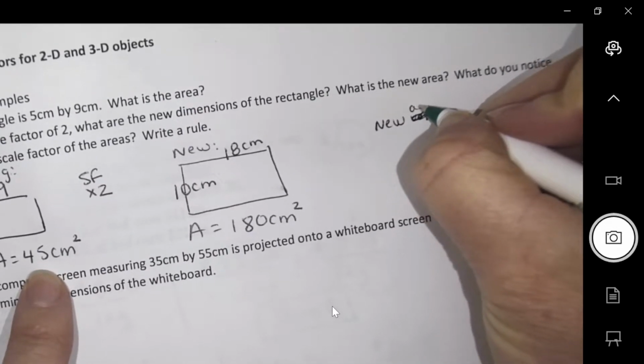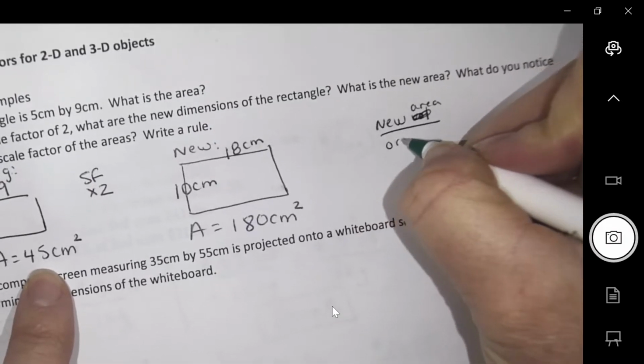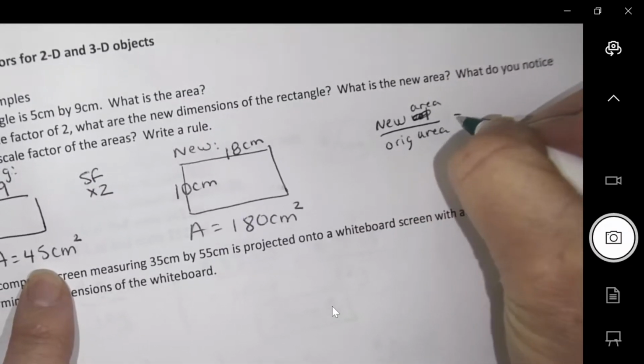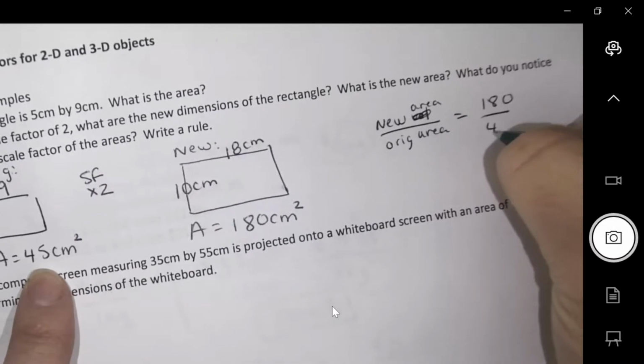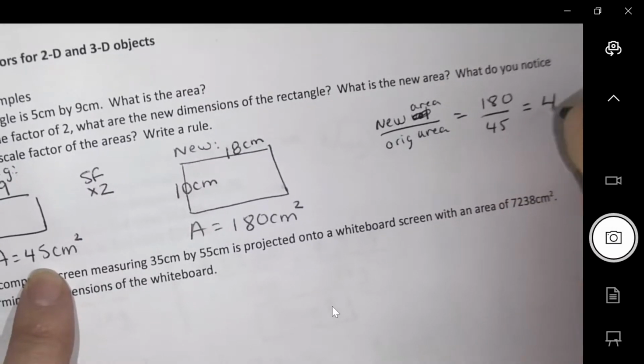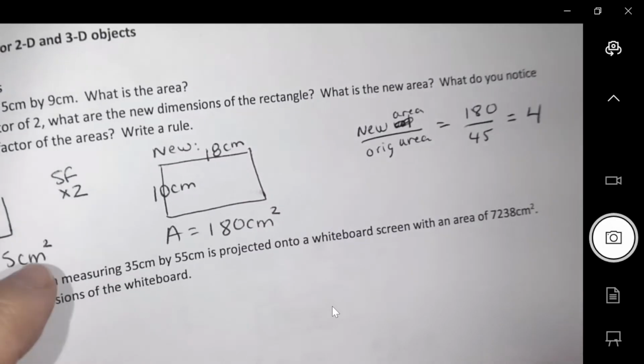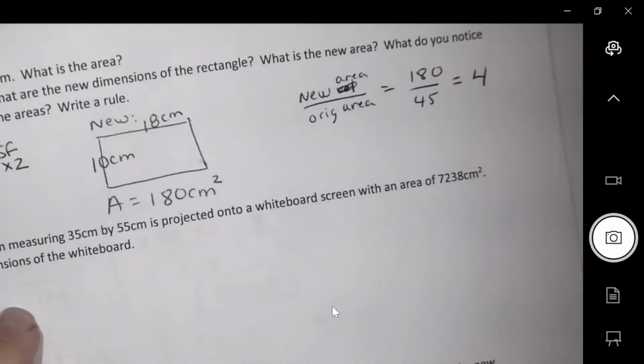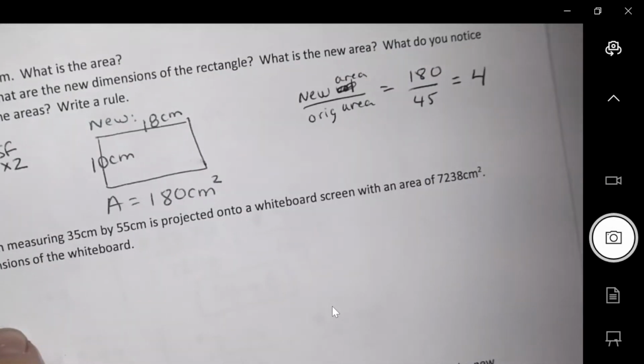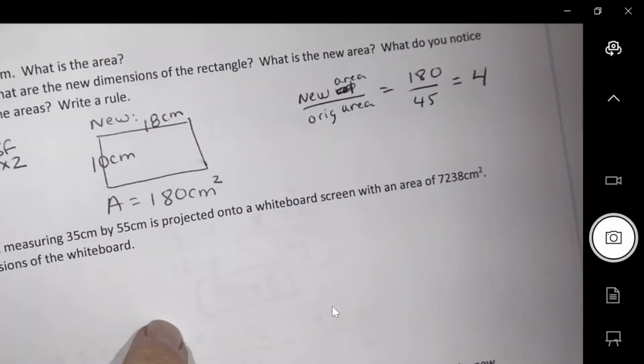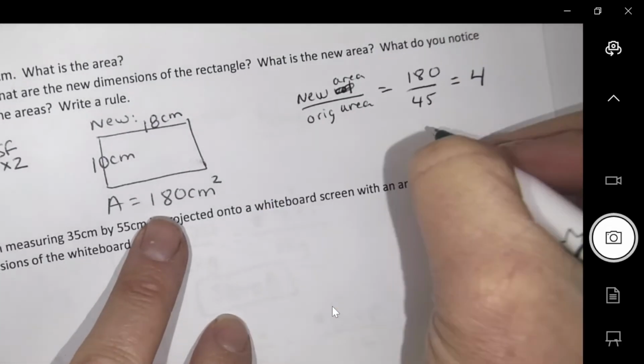New area divided by original area. So I noticed that my area got 4 times larger than its original. So the rule, what do you notice?